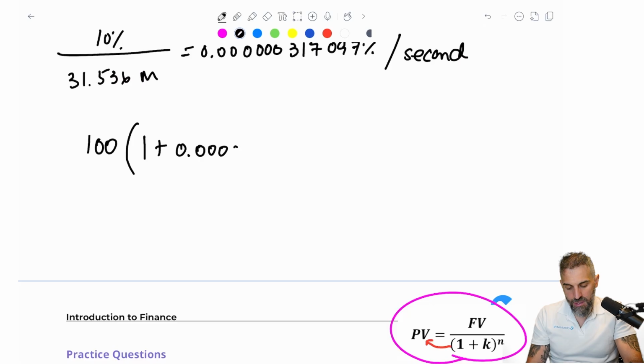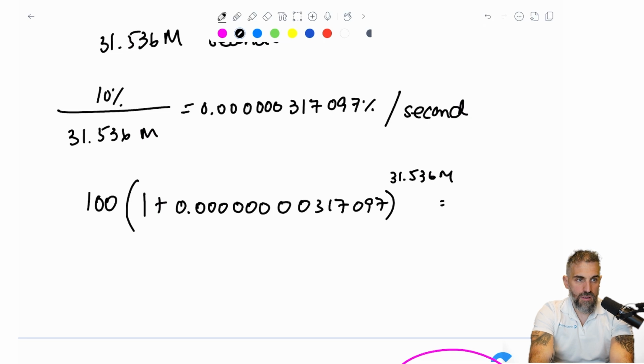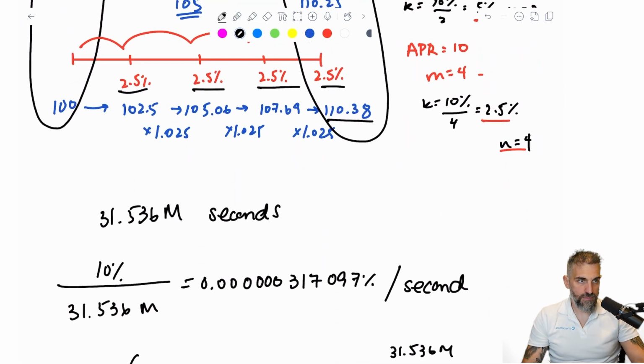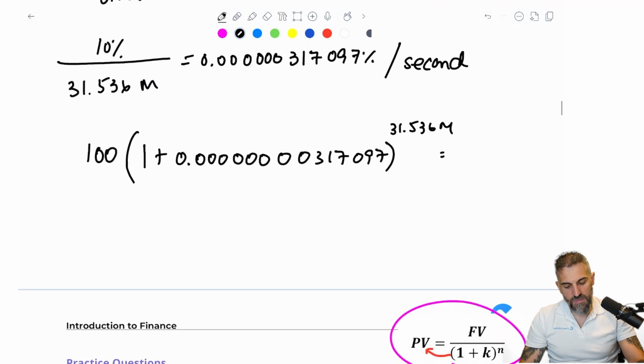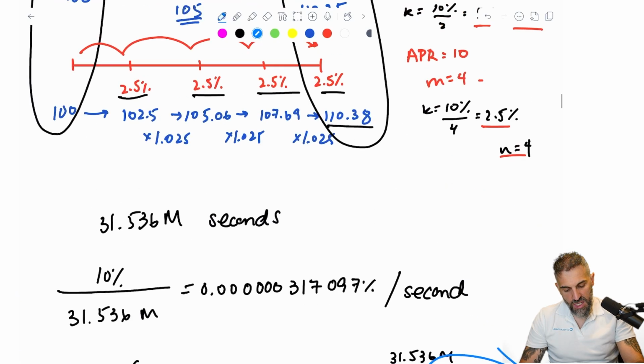This is really just, how many zeros do I need here? I would have $110.52.